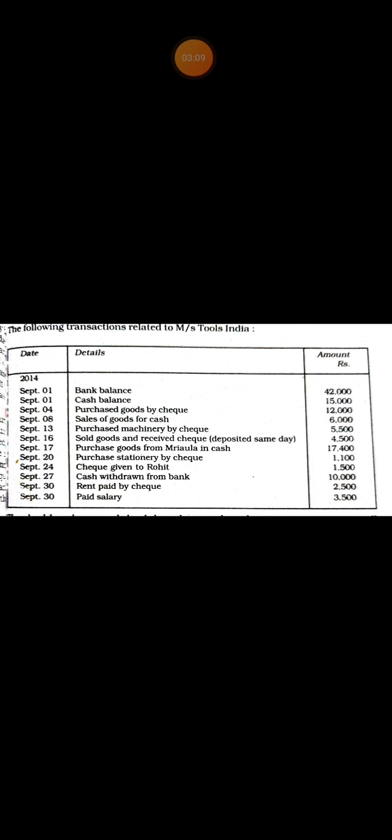Question: following transactions are related to Measures, Tools, India. Date: September 1st. Bank balance 42,000. Cash balance 15,000. September 4. Purchased goods by check 12,000. September 8. Sale of goods for cash 6,000.